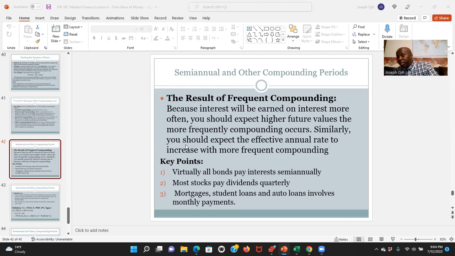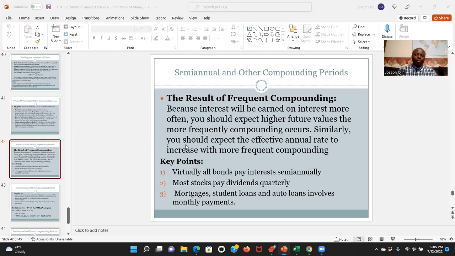For those matured companies that pay dividends, and most stocks don't, you receive a dividend quarterly. Mortgages are paid every month. Student loans are also monthly. Auto loans, monthly. Credit cards, even though they are paid monthly, are compounded daily and then averaged for 1 month.